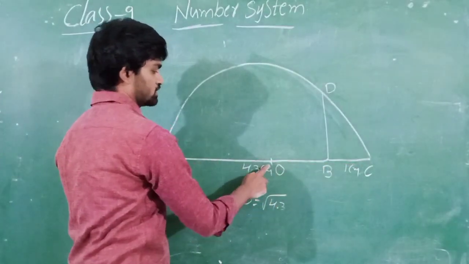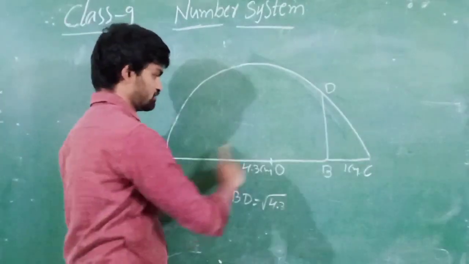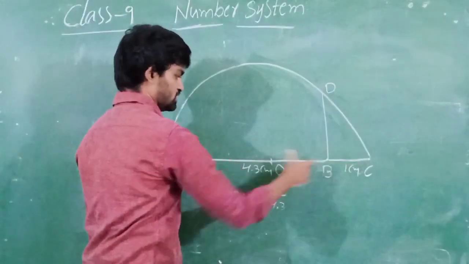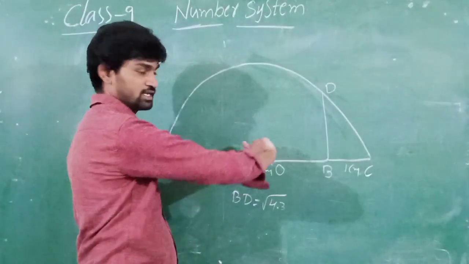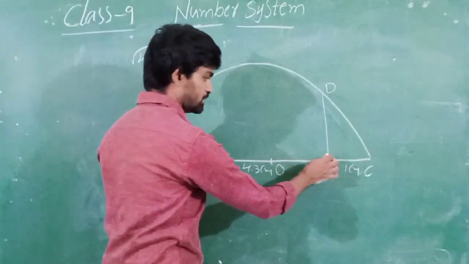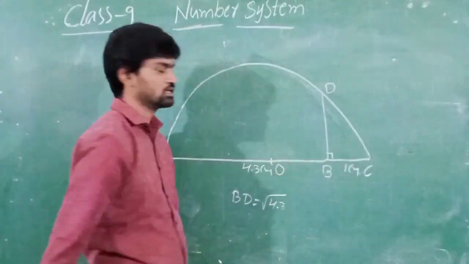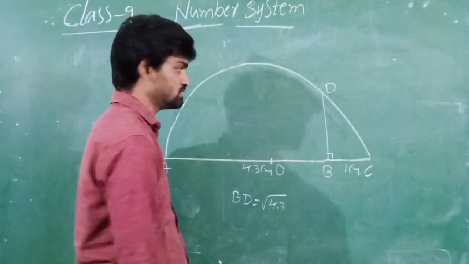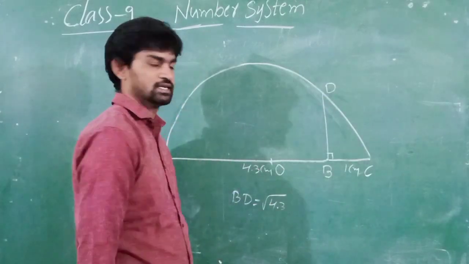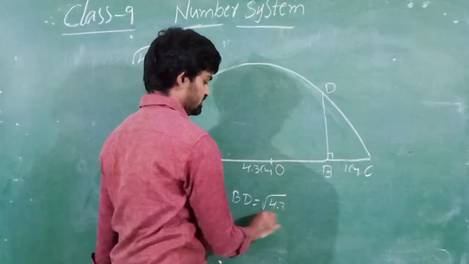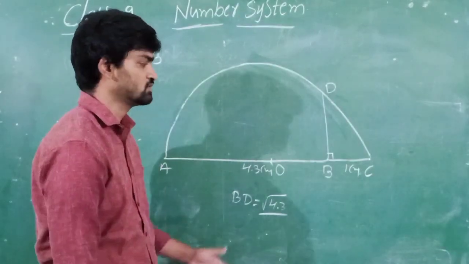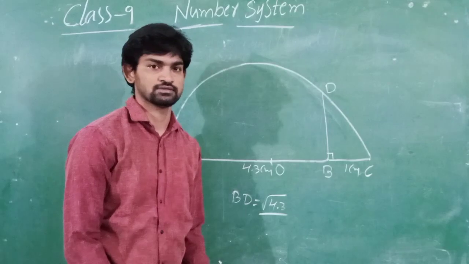Construct the midpoint of AC as O. Now OC or OA as radius, draw one semicircle. After drawing, at B, construct one perpendicular which touches the semicircle at D. Then the length of BD will be root 4.3. Okay, this is how we visualize.